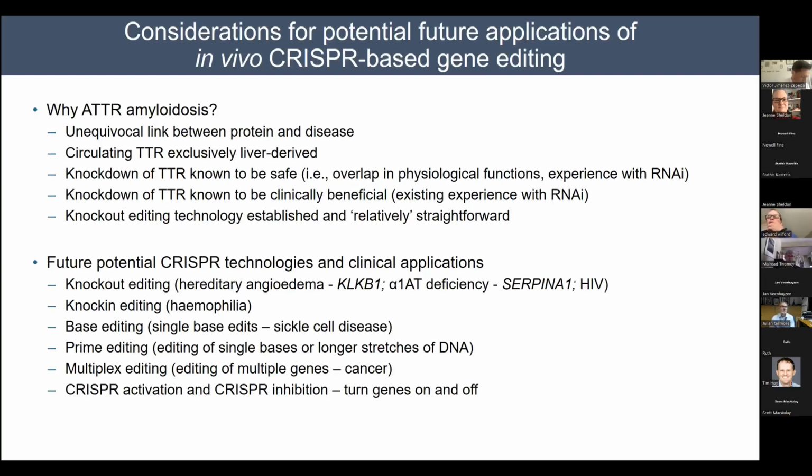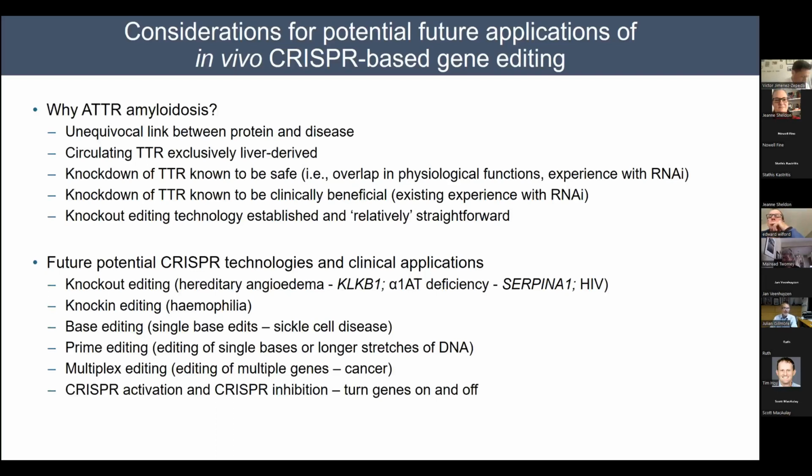Now, future potential CRISPR technologies and clinical applications include other knockout editing. I've shown you the first example of knocking out a gene via editing. And there are other programs in the current pipeline, including hereditary angioedema and alpha-1 antitrypsin deficiency, which are diseases amenable to knockout editing.